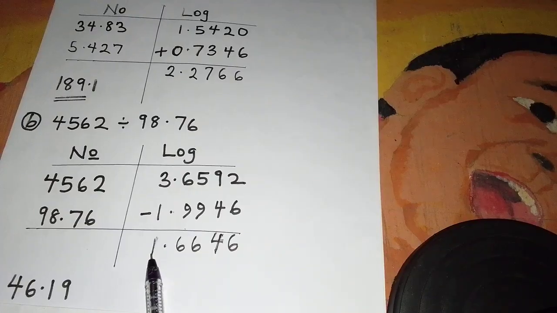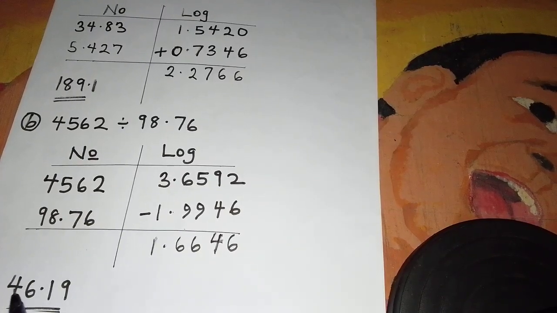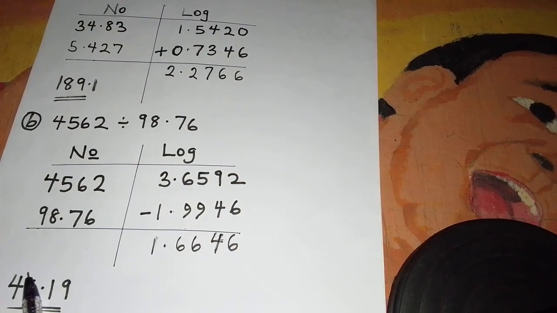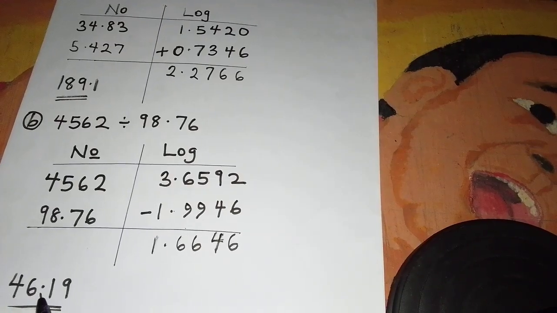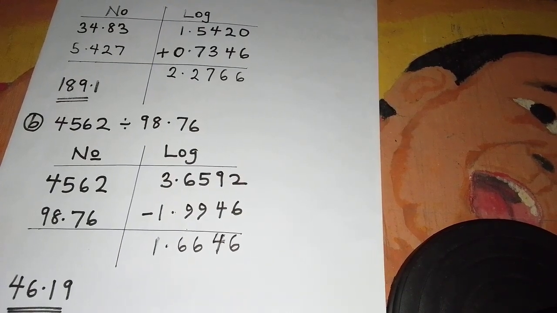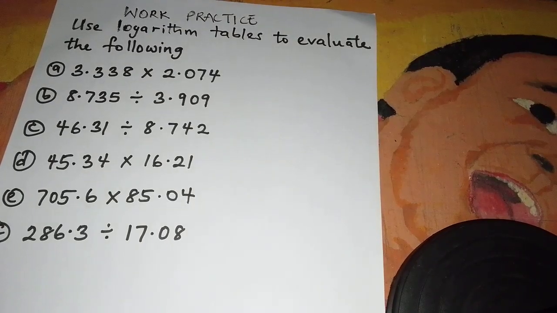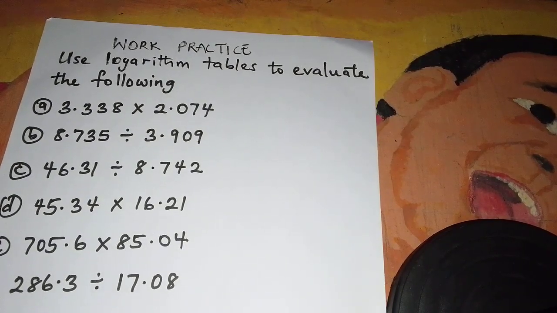Now since you are given 1, the decimal point is taken to be after the first digit. You move it once. You now have 46.19.